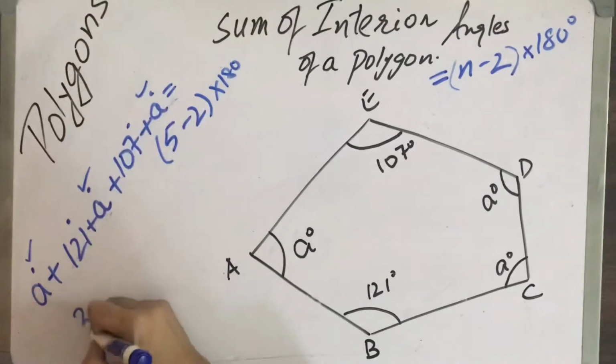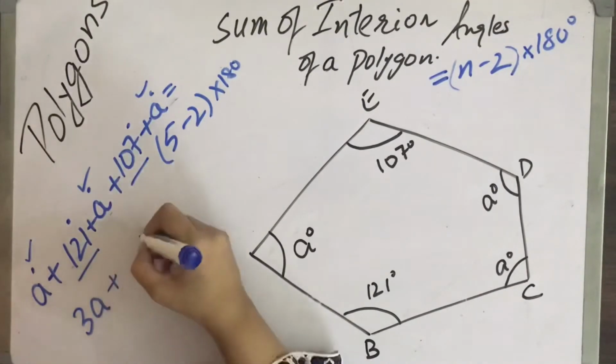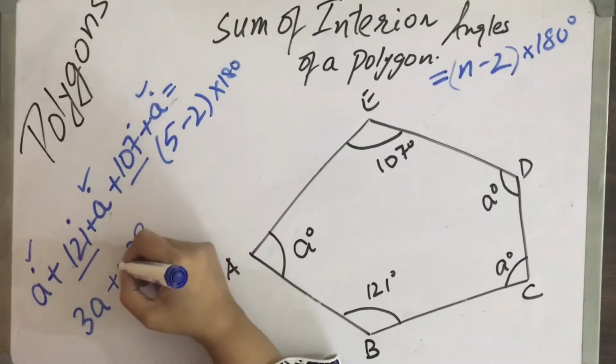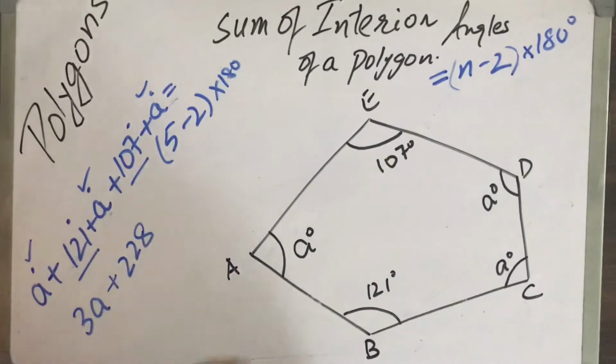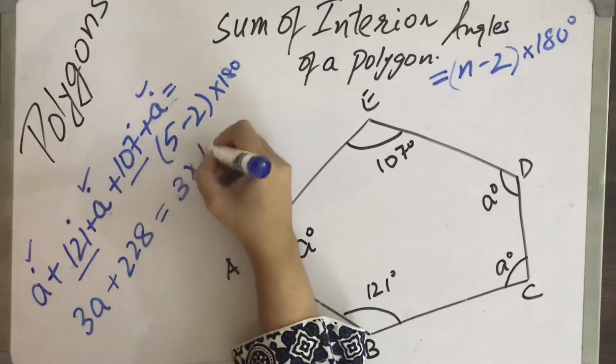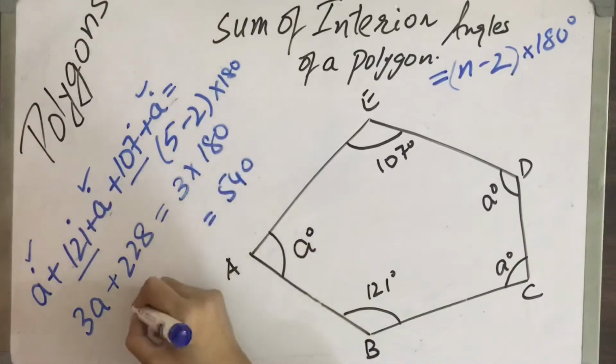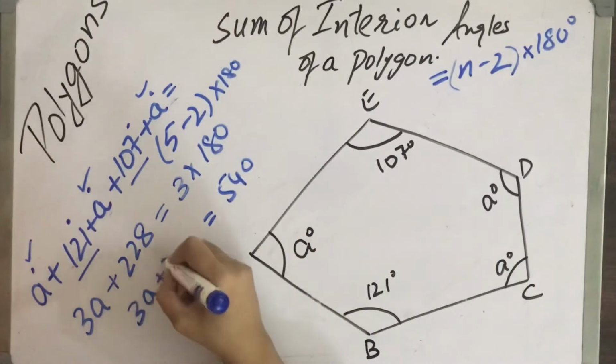I shall have 3A. 121 plus 107 will give me 228. And now on this side I have 3 multiplied by 180. It is 540. I shall bring this 228 to the other side.